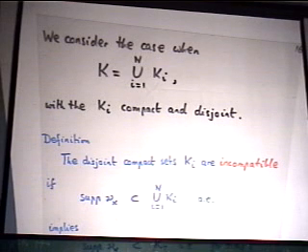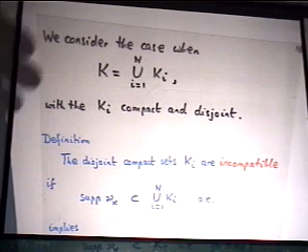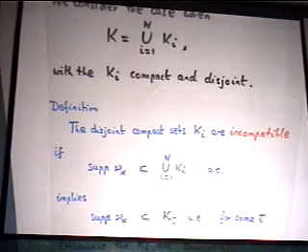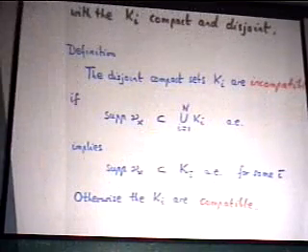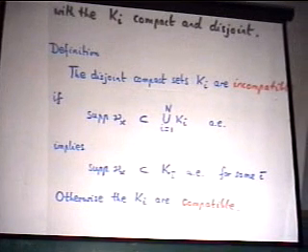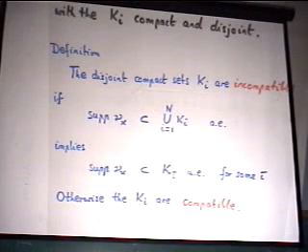And I'm going to make a definition that these disjoint compact sets are incompatible if, whenever you have a gradient Young measure that's contained in the union almost everywhere, in fact, it must be contained in just one of the sets. So that means that you cannot mix at the level of these sequences of gradients that are in more than one of the sets. Otherwise, we say that the sets are compatible.